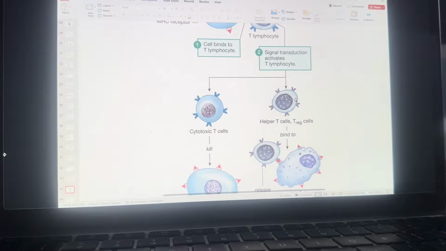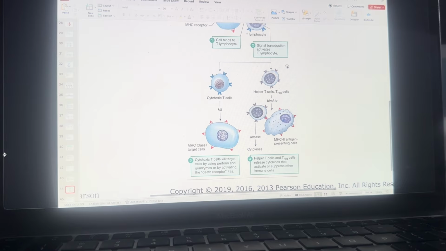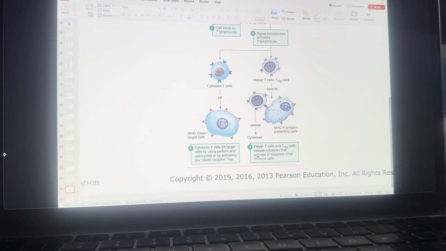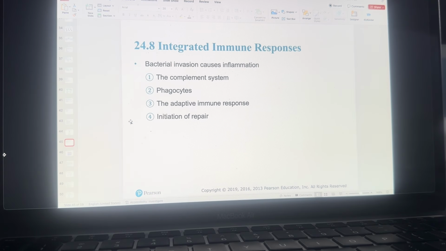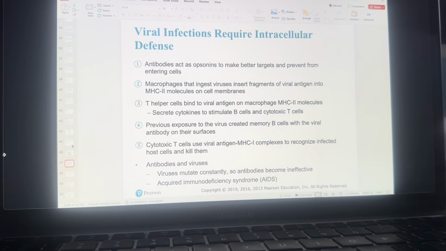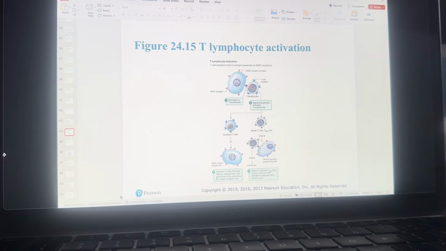And then it's going to do some type of signaling. It's going to activate itself, send out cytokines to activate other cells, and then mount an immune response. Okay, I think this is where we're going to stop because otherwise it's going to be too detailed. Any questions?